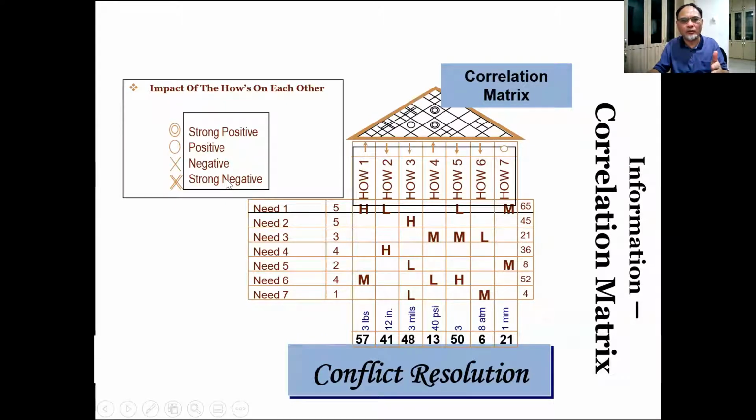Increasing the weight of a vehicle or car will deteriorate the mileage, the fuel consumption, for example. So it is trying to do some conflict resolution so that you don't compromise on certain requirements. So this becomes the correlation matrix.